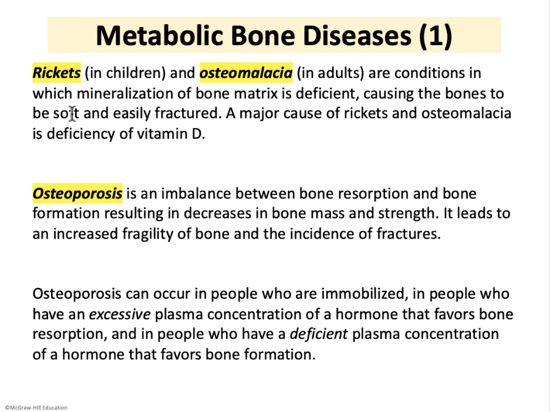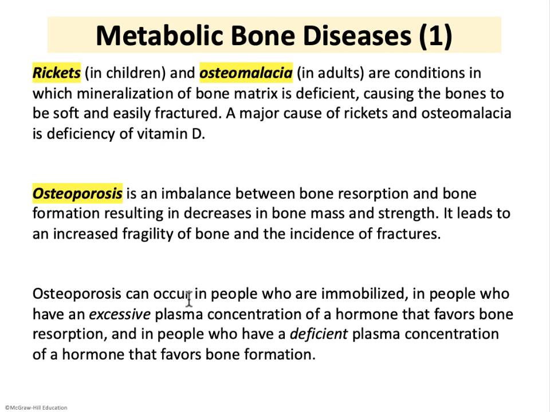That causes the bones to become soft and easily bent or fractured. Osteoporosis is an imbalance between bone resorption and bone formation. And in this particular diagnosis, there's a decrease in bone mass and strength, and that can lead to bone fractures and hip breakages that old people experience upon gentle falls.